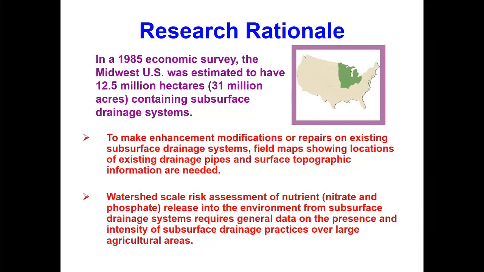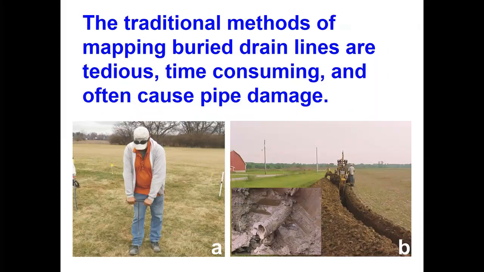So what are you doing presently to be able to find these drainage pipes? Well, the traditional methods tend to be very tedious, time-consuming, and often cause damage to the drainage pipes themselves. The first one is using a tile probe to find the pipes.